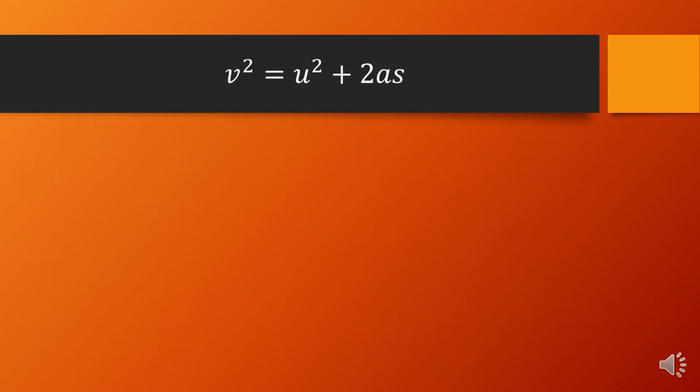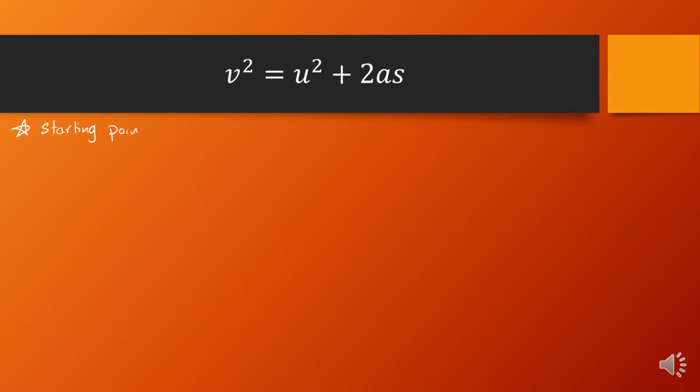And finally, the third equation of motion that we're going to derive today is v squared equals u squared plus 2as. Okay, again, what's the starting point that I need to recall here? We're going to start with actually the first equation of motion.